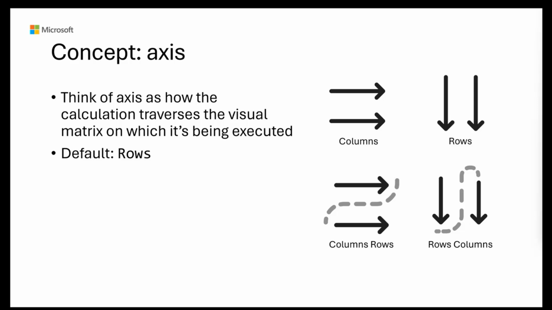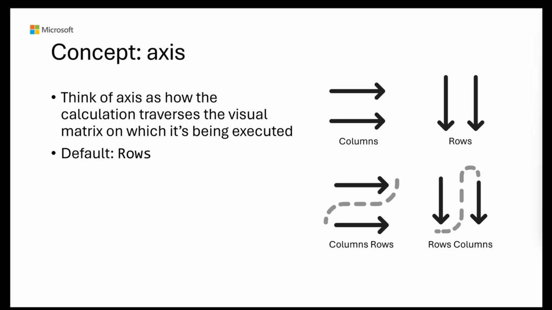By default, it is rows. That's why I didn't have to write it for running sum or moving average or previous. It is all by default set to rows, which basically means across the rows, from top to bottom. The little arrow icons you also see in the product show you how it's moving.